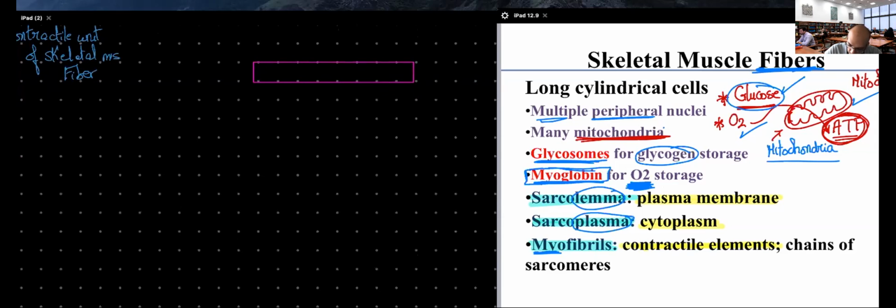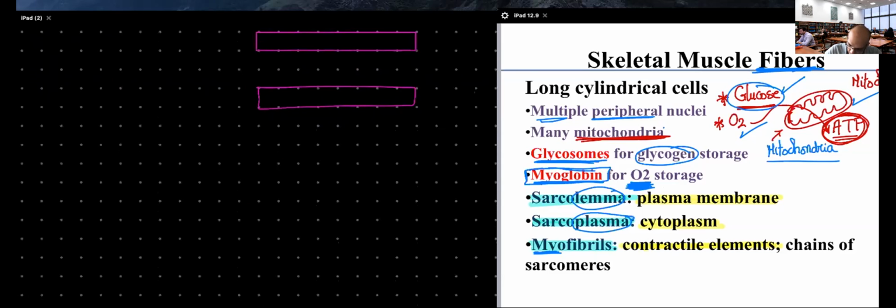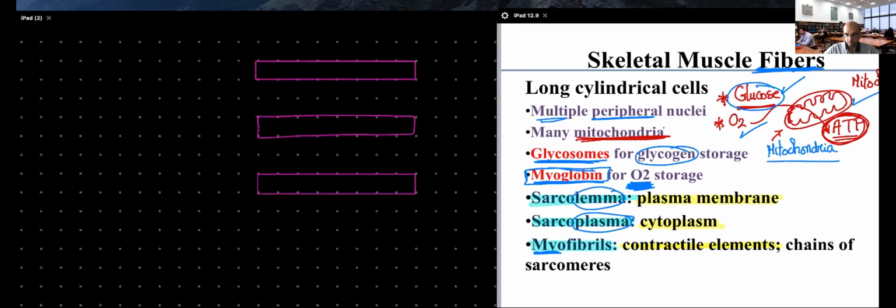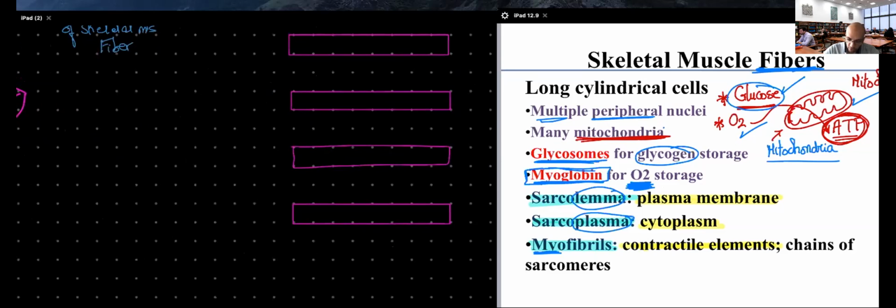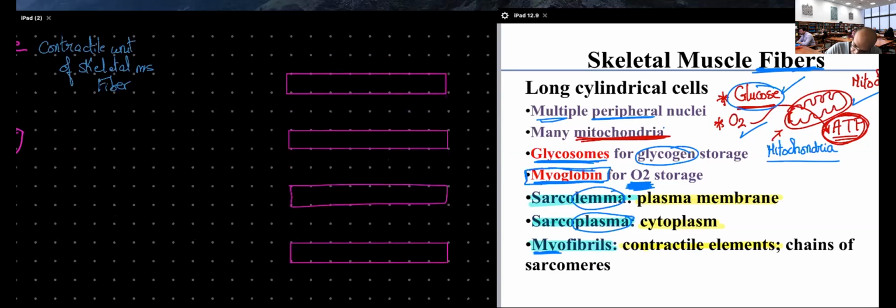So thick filament, thick filament, thick filament, thick filament. Alternating with those thick filaments, we're going to have thin filaments, like this.